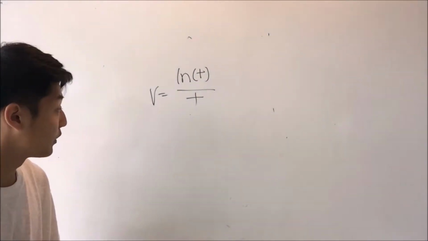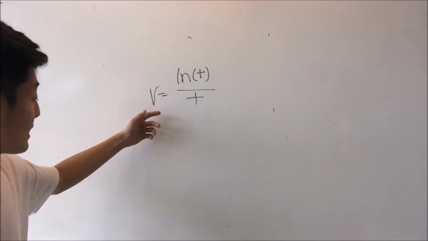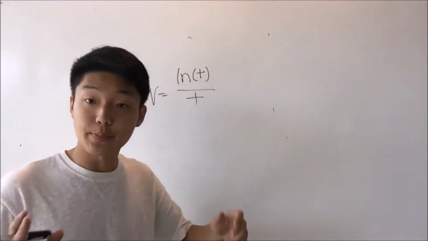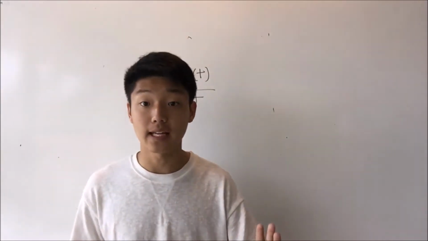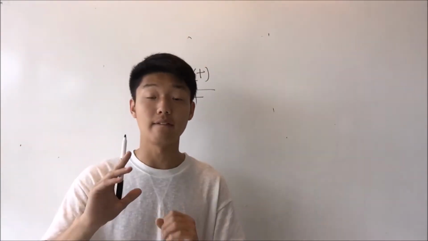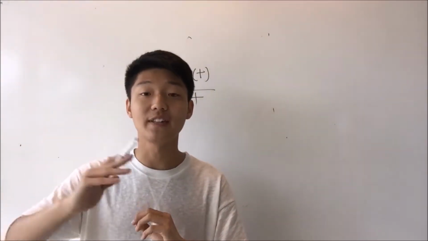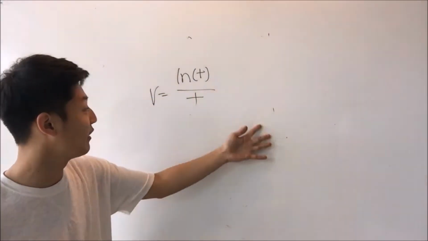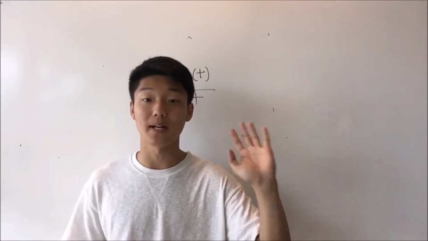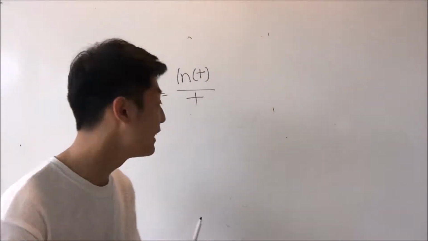So let's look at this. Because it says attain its maximum, we have to differentiate, solve for 0, and check whether the sign changes from positive to negative at that value.